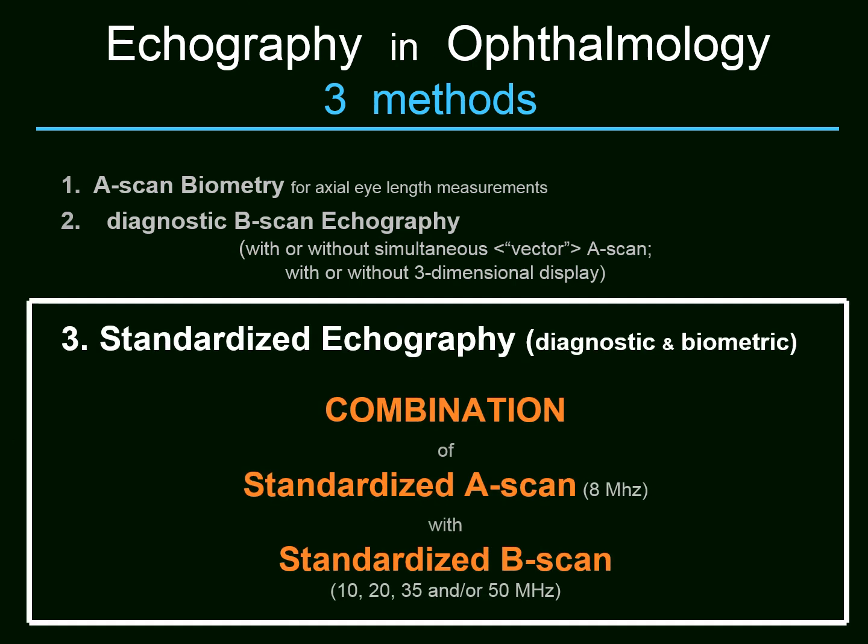And then we have the standardized echography, which is both diagnostic and biometric, an optimal combination of standardized A-scan 8 MHz and standardized B-scan 10 to 50 MHz. This is by far the most effective and capable echographic evaluation of the eye and orbit. And in this course we only focus on this.